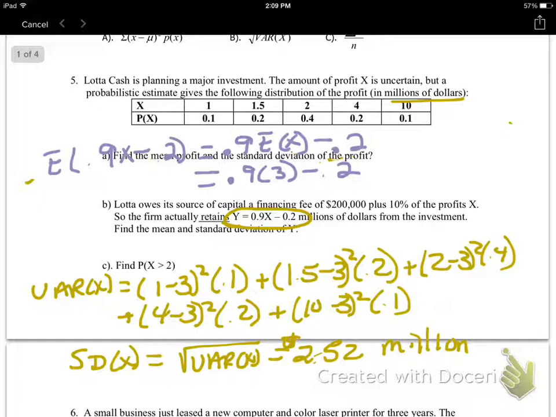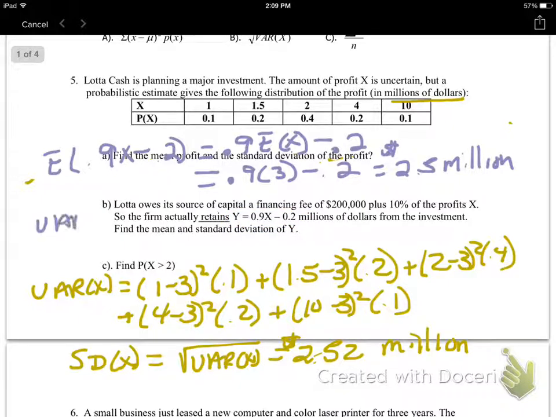So let me get out my graphing calculator. 0.9 times 3 minus 0.2, and I get $2.5 million. Okay? So now let's find the variance.